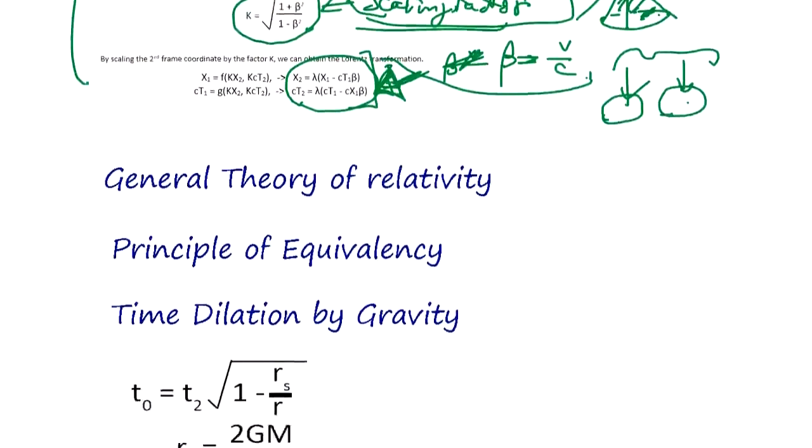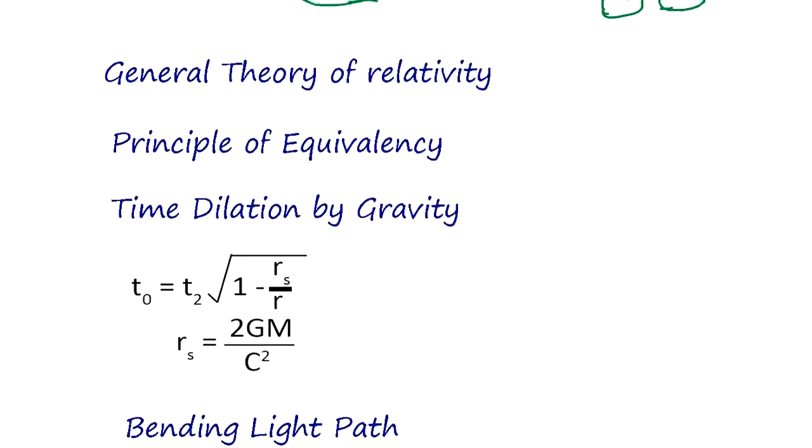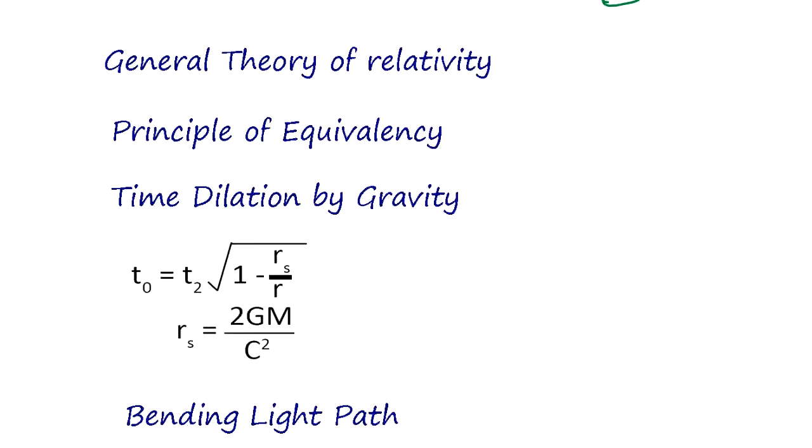Okay, now we go to the general theory of relativity. What it's about is that in order to deal with non-inertial frames, you have to deal with force acting, and we have a force acting like that. This is Newton's law, and another force is gravity force.